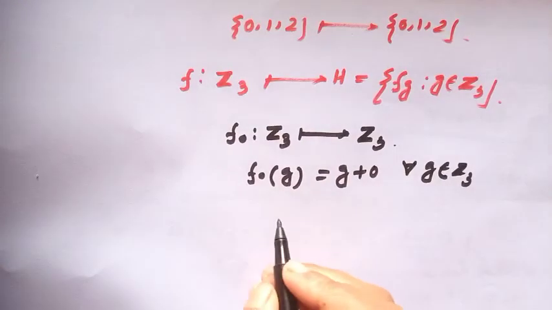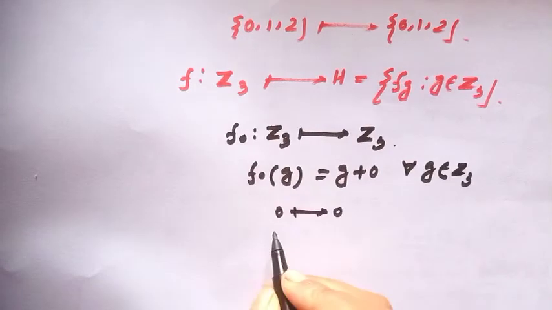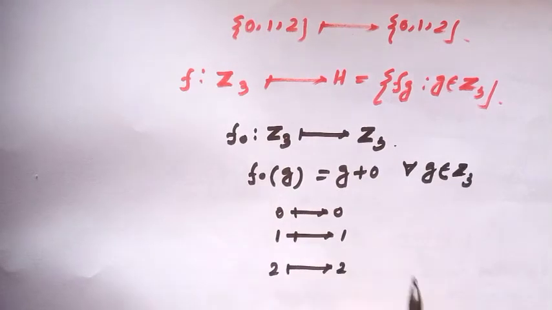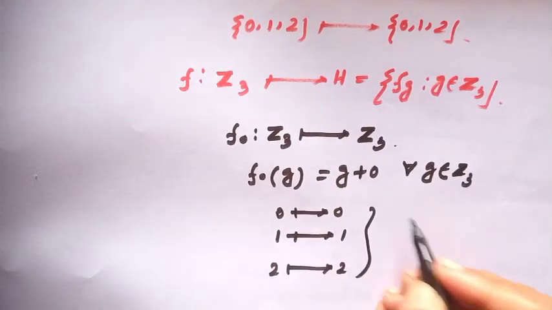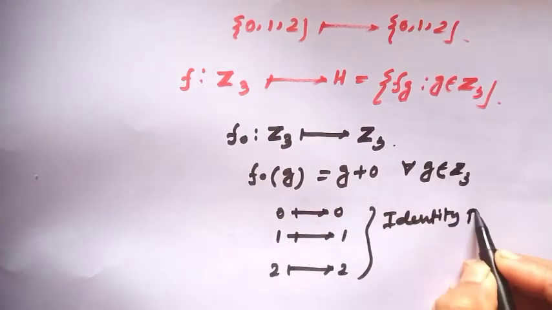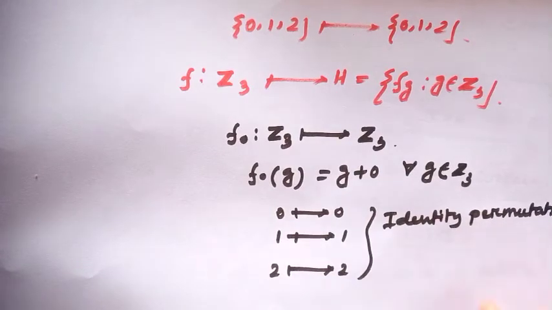What does this mean? This means 0 sends to 0, 1 sends to 1 and 2 sends to 2, and this is just the identity permutation. Are you getting? Okay.